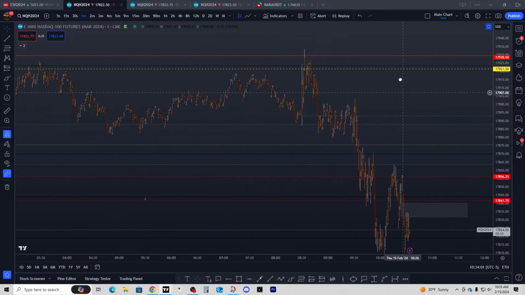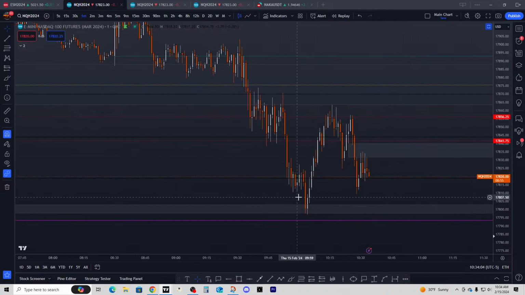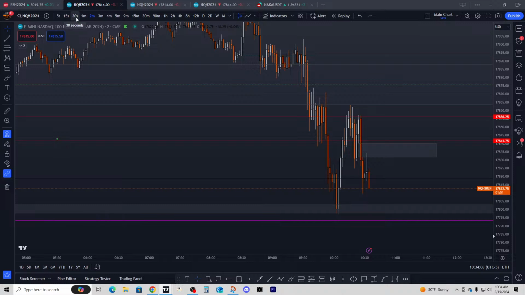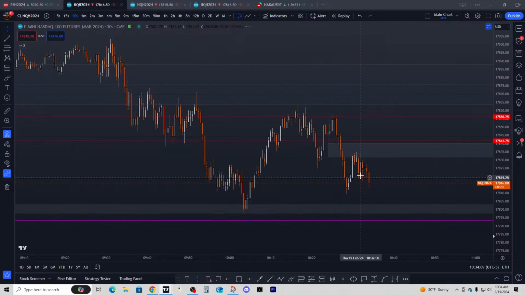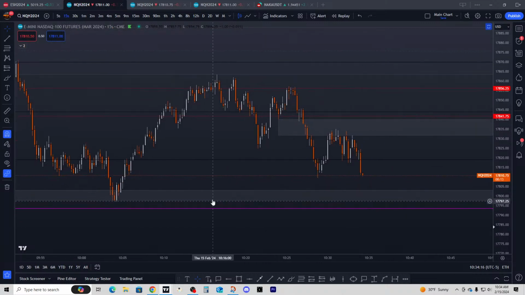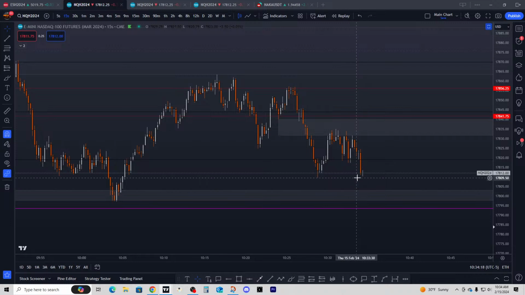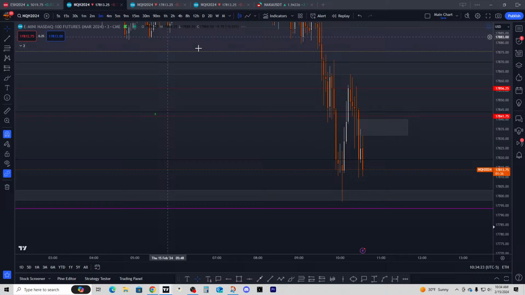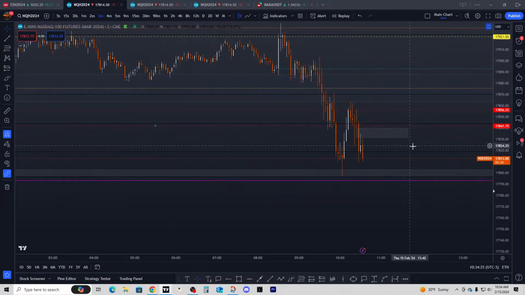That's pretty deep. Let's look. If we get this close here, we're probably trading back down at this low again. But I'm just gonna watch and observe it until something's extra clear, to be honest.